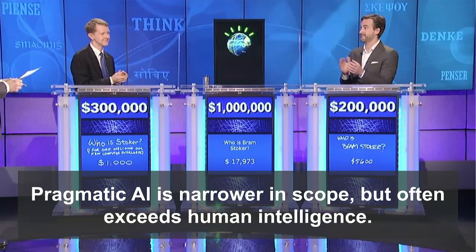Pragmatic AI is what's realistic. That's what we can do today. That's what companies are doing today. So if you think of an iconic example, IBM Watson beat the human Jeopardy champions. Very narrow focus. I mean, it doesn't seem narrow.